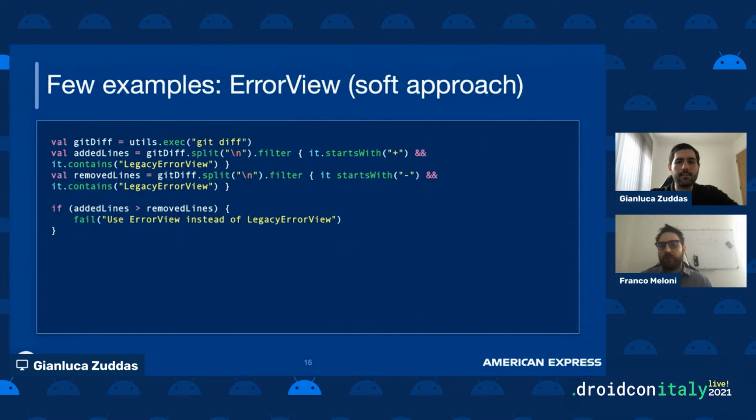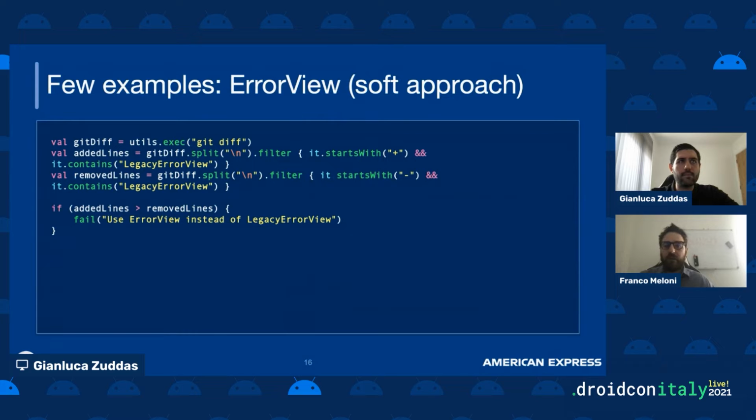First of all, going back to our error view example before, we built two different approaches, one that is soft and one that is harder. So this one tries to understand every time a new instance of the legacy error view is added. It uses git diff to count the times where a line with legacy error view is added and the times where that line is removed.